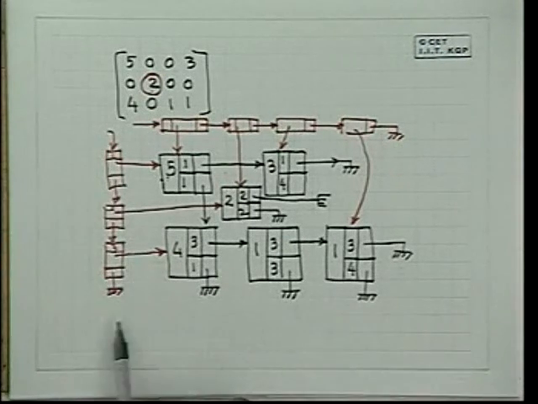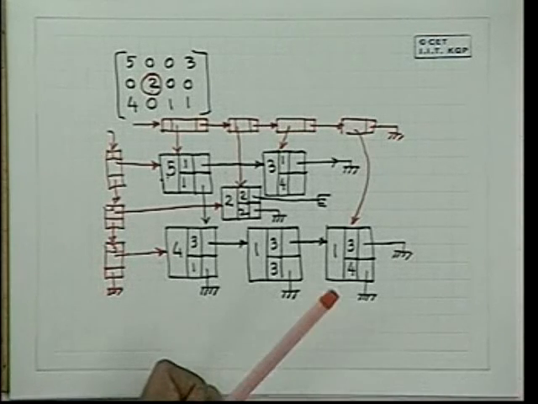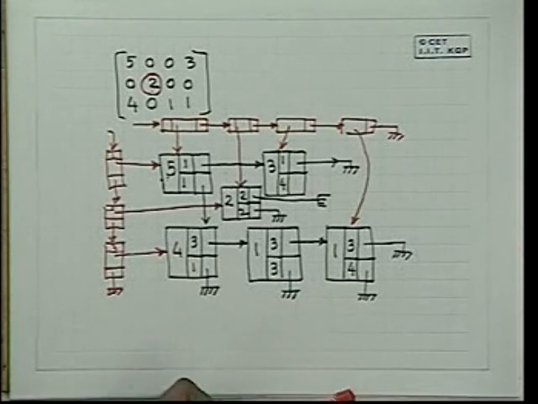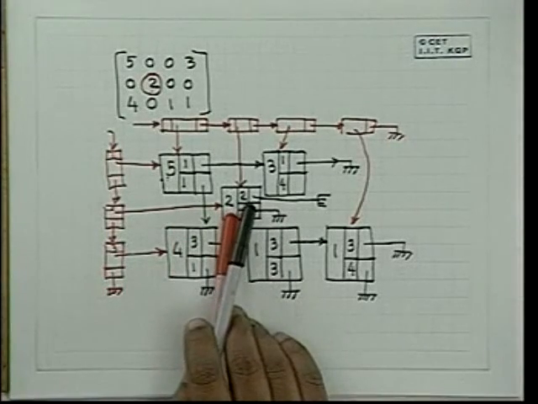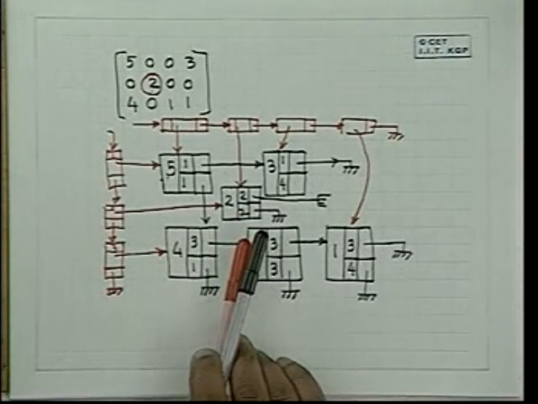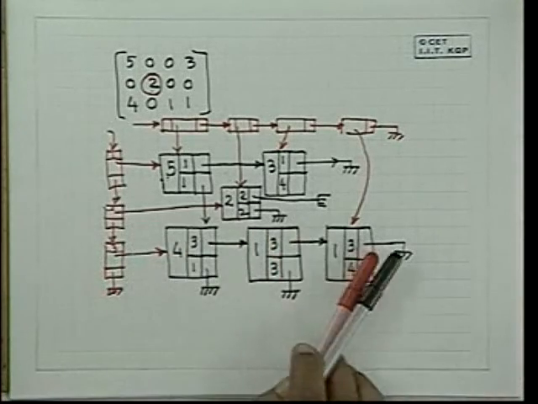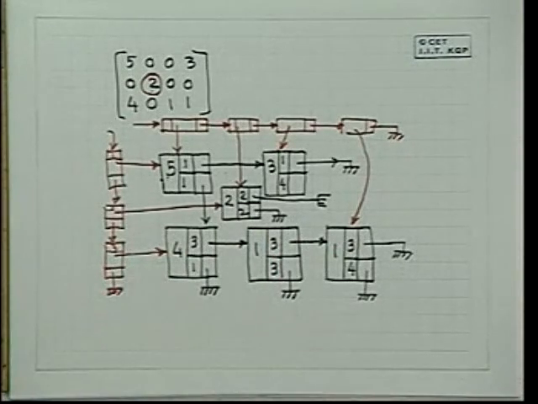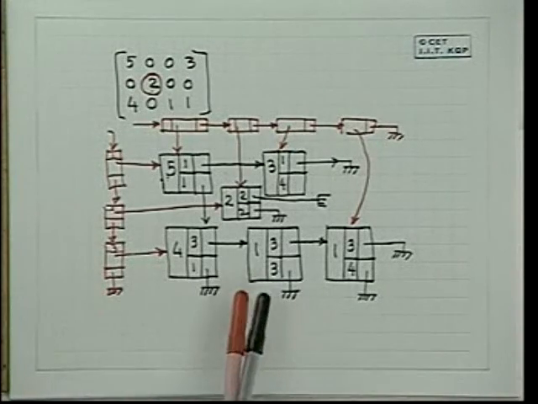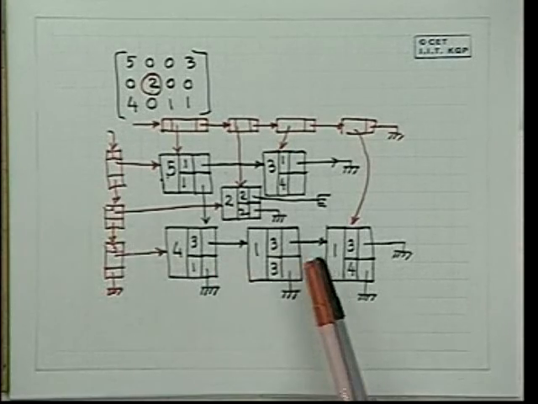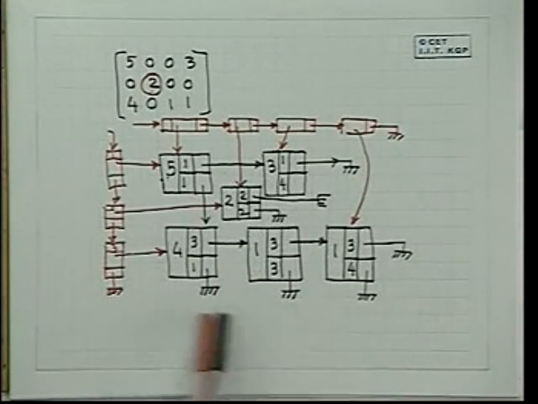So this will give you a representation for a matrix which is absolutely dynamic, where you can add one element of a matrix, you can delete one element of a matrix, and the size will be just as it is given. So I ask you to plan out how you will solve a matrix multiplication and matrix addition problem, let us say, using such a definition.